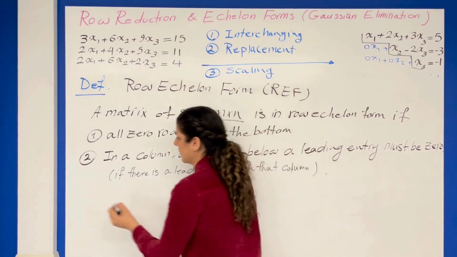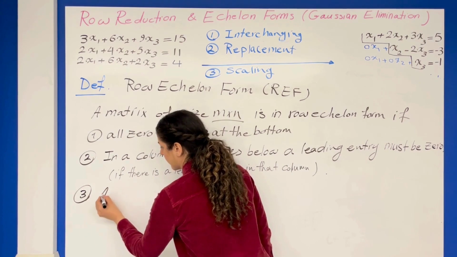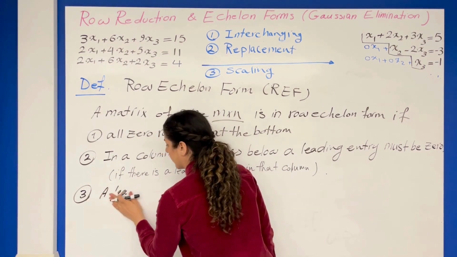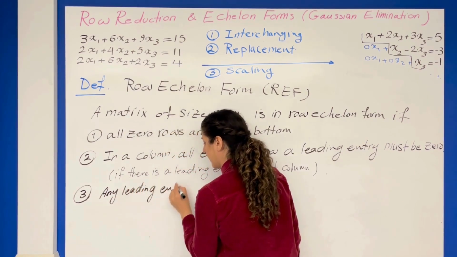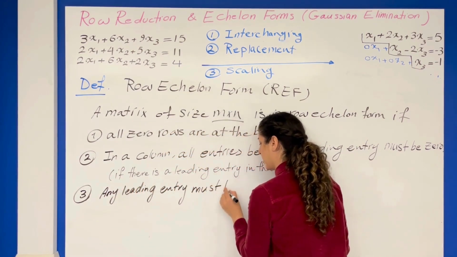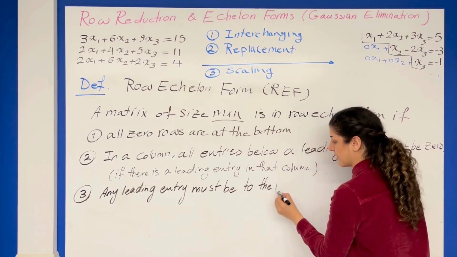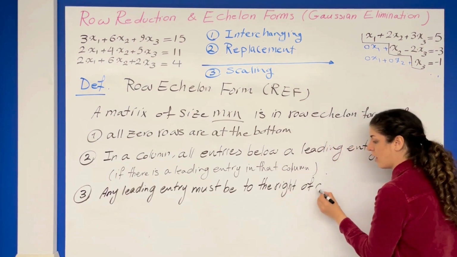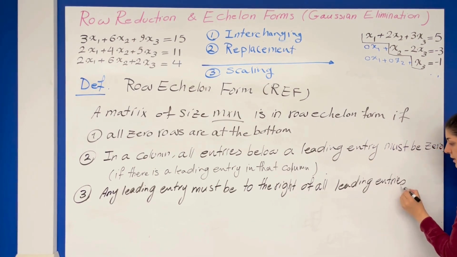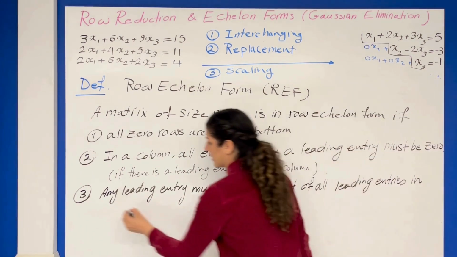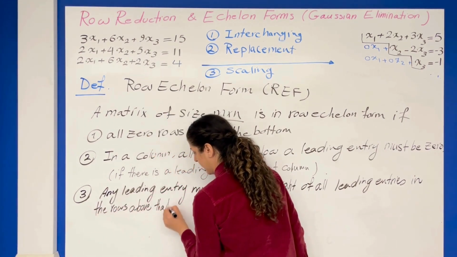Okay, and the third condition is that any leading entry must be to the right of all leading entries in the rows above that row.